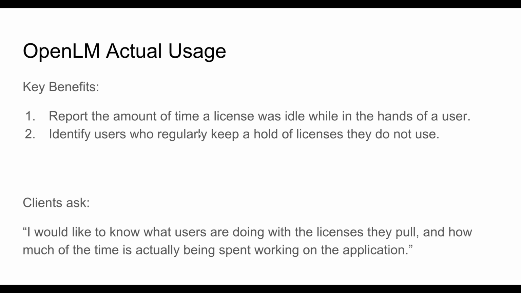For example, an engineer checks out a license in the morning, but decides to hold on to it just in case he needs it later. In other words, he doesn't free up the license after finishing his work. The Openlm Actual Usage extension reports on all idle periods while a license is checked out. This information can help you increase license availability for all your users and save you buying new licenses as a result.